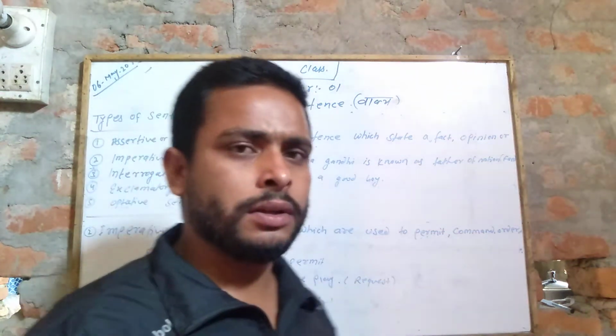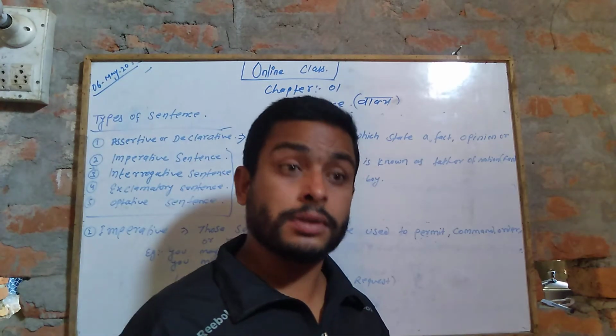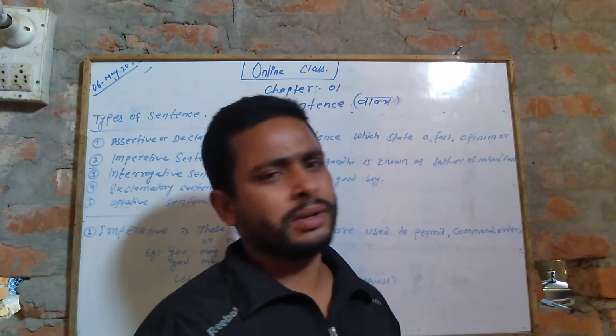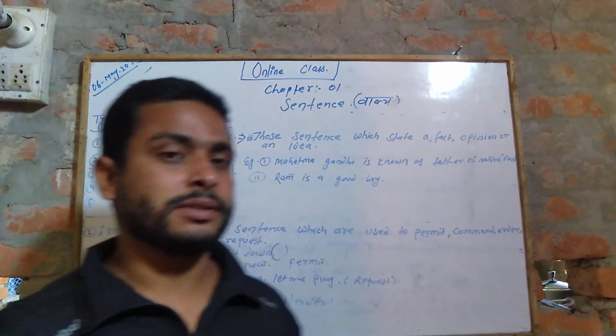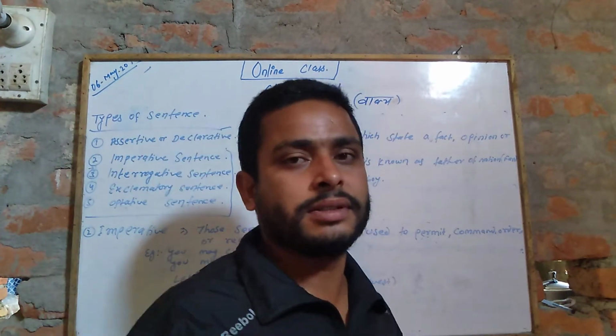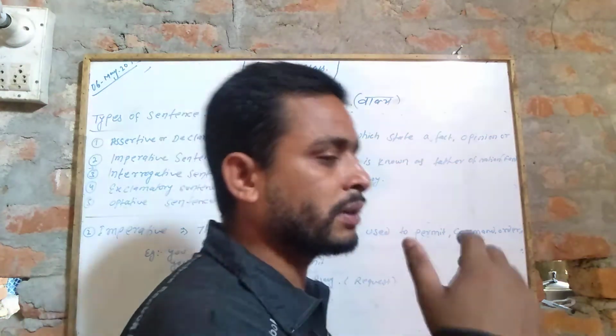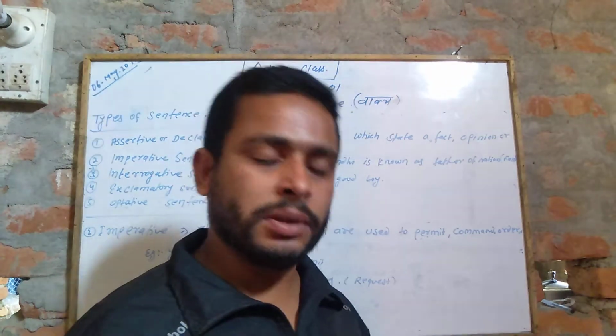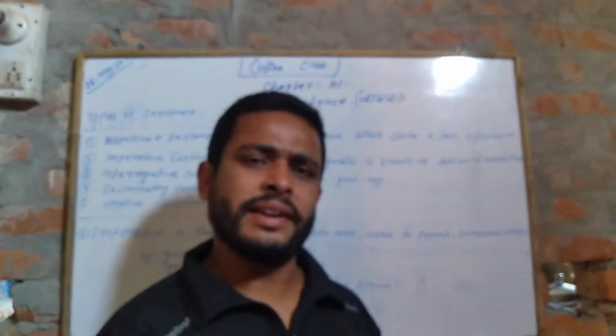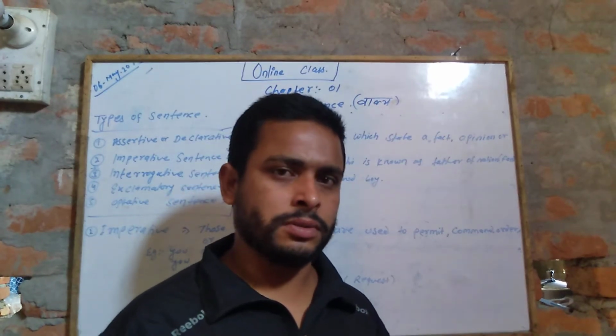Watch my video once, twice, thrice, and you can see all the examples of the book. Then it is so easy. Sentence is the main foundation of grammar. If you don't know the sentence, the word, the letters, we never complete our grammar course. So you must first learn this.